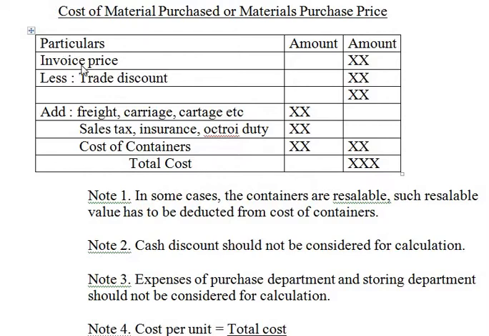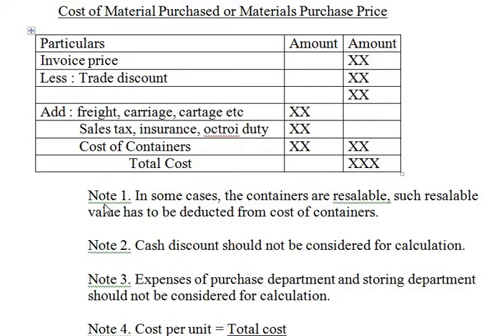Take down this format: particulars, amount column, invoice price. From that you deduct trade discount, and to that balance you add freight, carriage, cartage, etc., then sales tax, insurance, it might be octroi duty, then cost of containers. When you add all these, you will get the total cost. This is the format of the statement of cost.